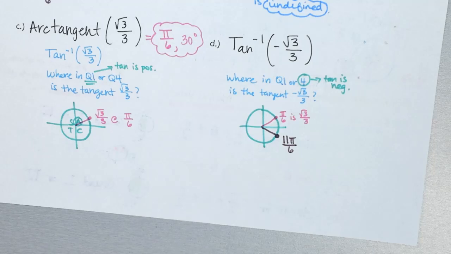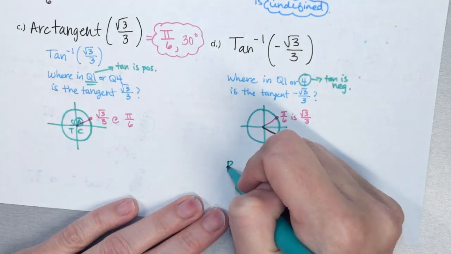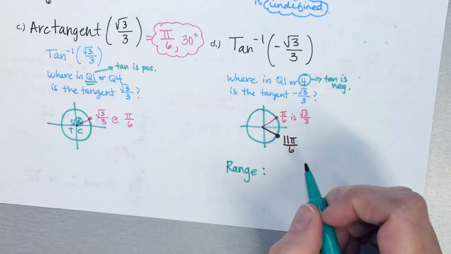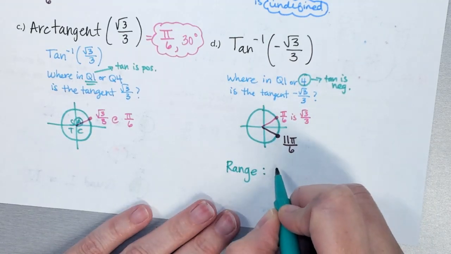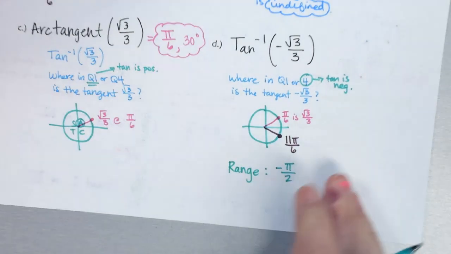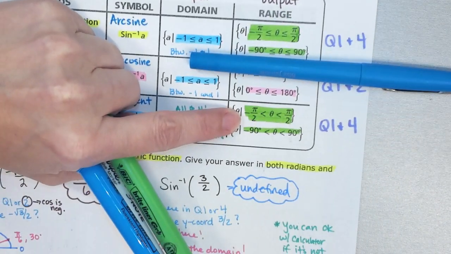When you are doing the capital tangent, you have to keep in mind what the range is. So if you look back up at the range for the tangent, let's write it down. The range has to be from what to what? So negative, if I look at my chart above, it says negative pi over 2 to what?